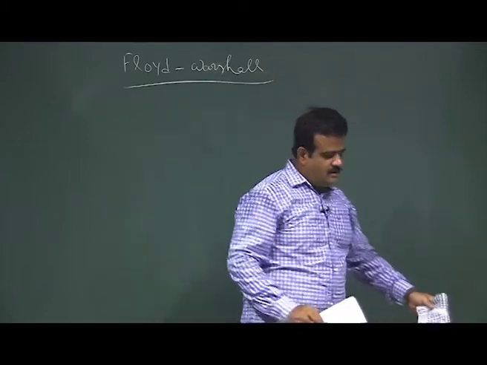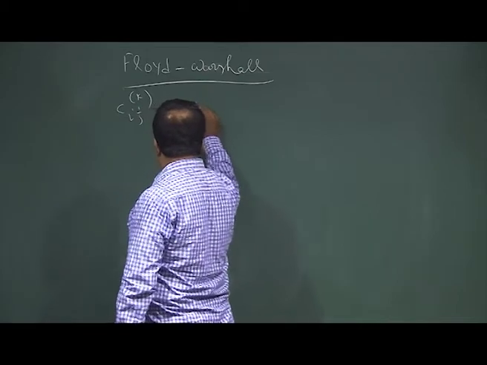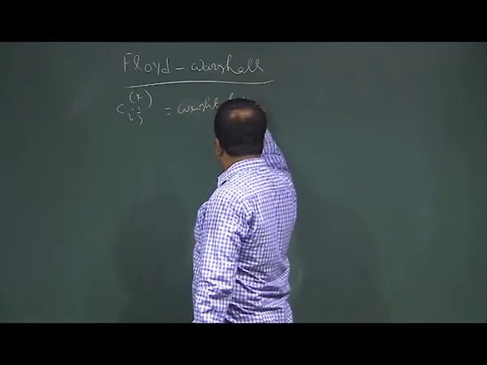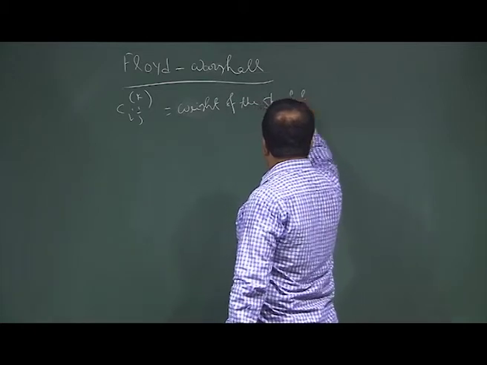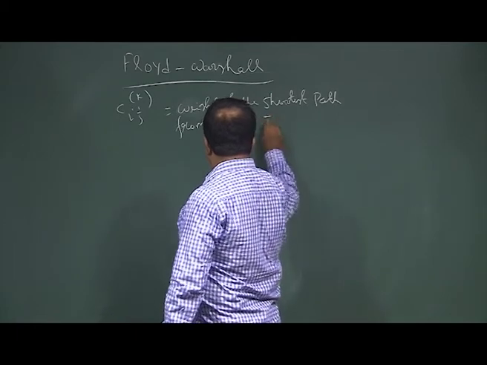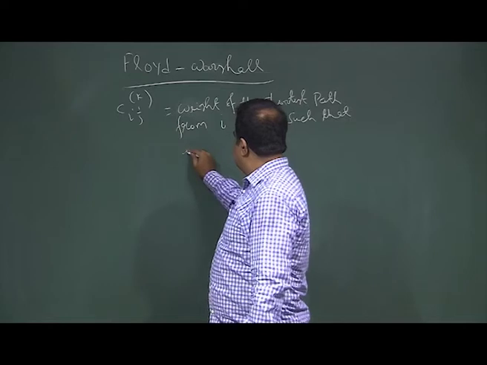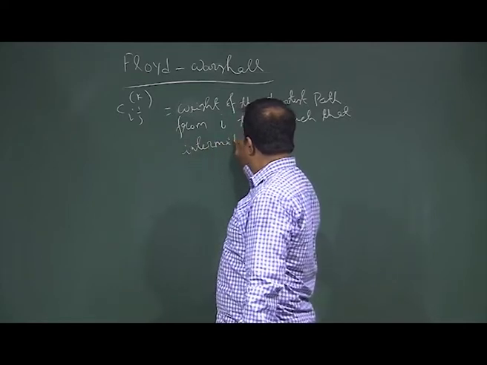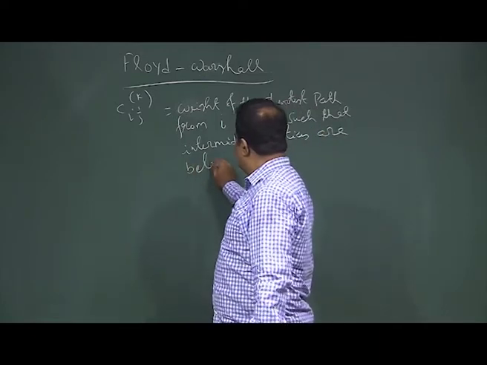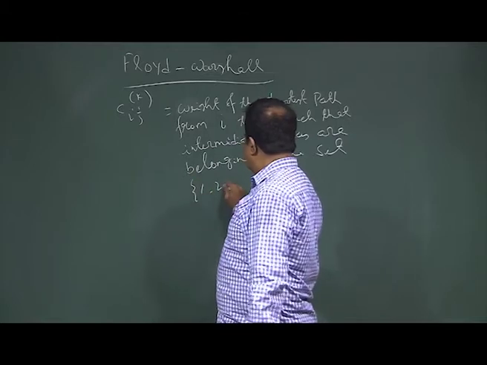We have defined the recursive relation: C_ij^k is the minimum weight of the shortest path from v_i to v_j such that the intermediate node vertices belong to the set 1 to k.